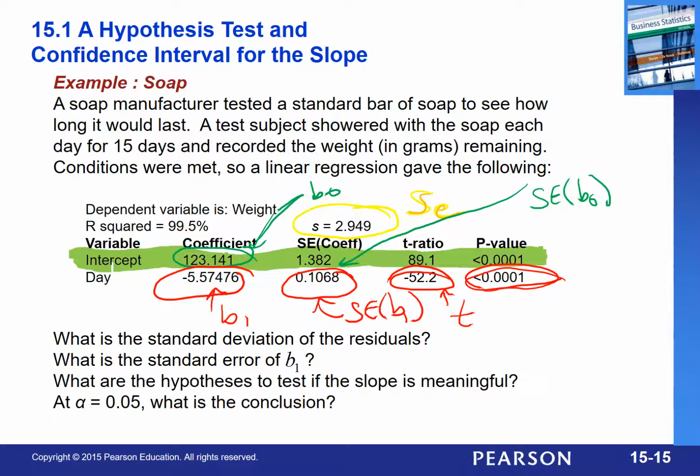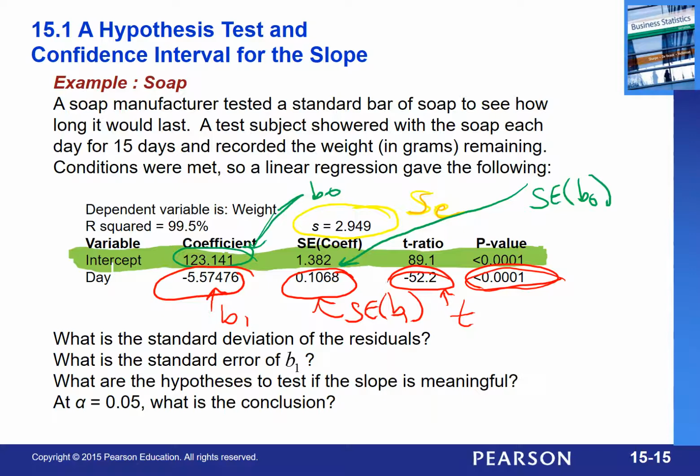Reading down this first row here, this is the stuff for the intercept, and that's a little bit interesting, I hope, to you. The stuff for the intercept is a little bit different from the stuff for the slope. We're not really interested in that, but I want you to notice that there's the standard deviation. This would be the standard error for B0, or the intercept.